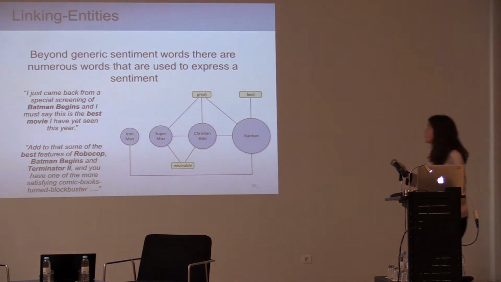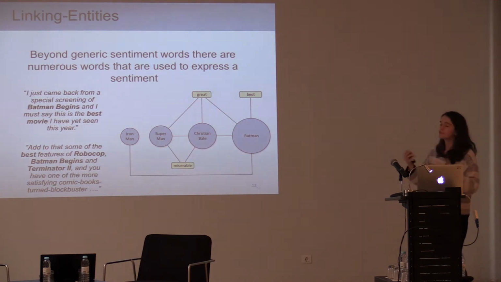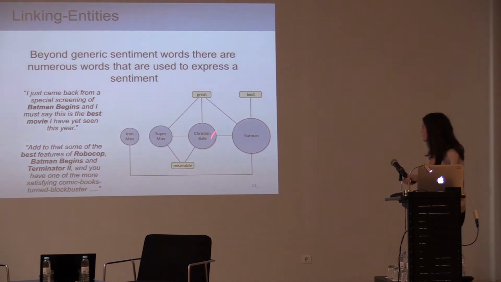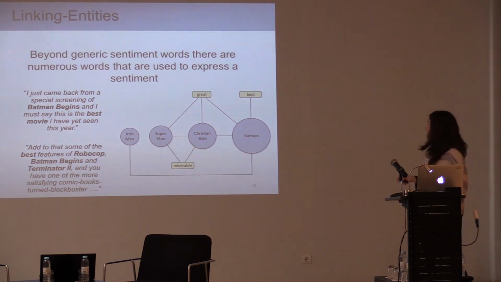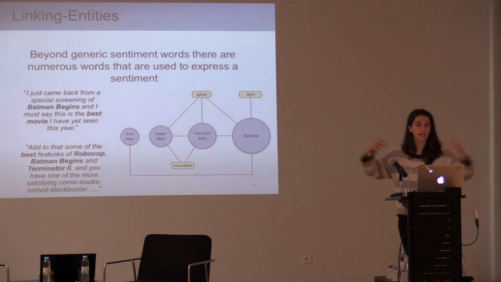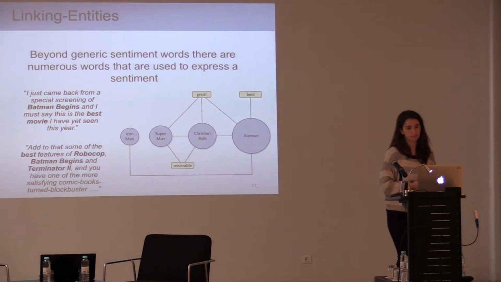And if we put this in a graph, we can have different nodes, where you have nodes that are entities, and you have other nodes that are sentiment words. And what we want to do is weight this influence to achieve, in the end, we can say, this is the reputation of Batman, this is the reputation of Christian Bale. And you can also know how we came to this reputation, because we'll be able to see which links, so the edges, that were more relevant.